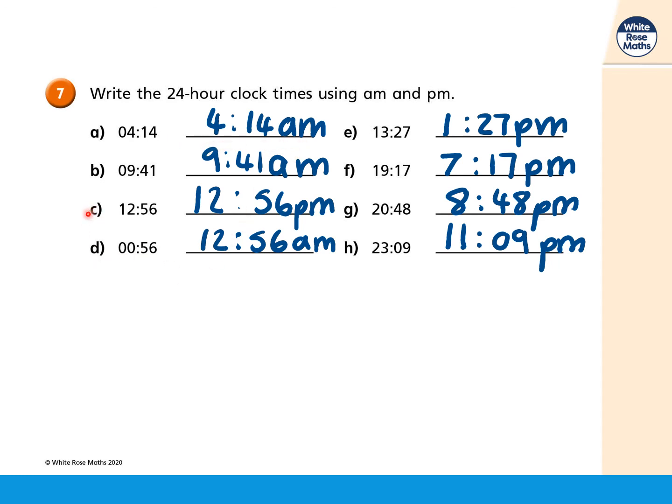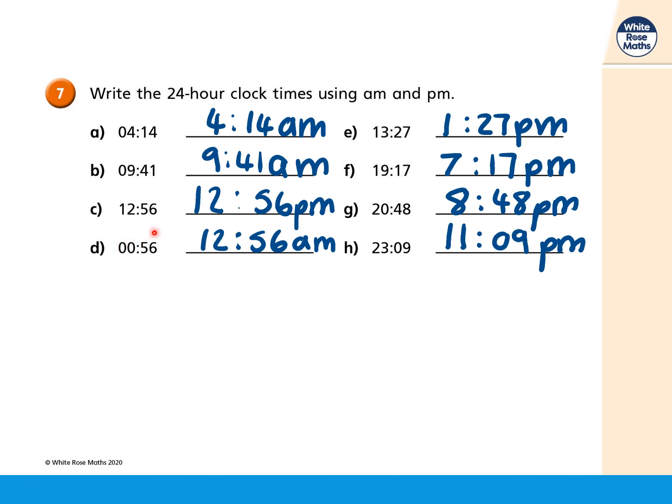Have a look at C and D. C is 12:56 and D is 00:56. 12:56 is 56 minutes past 12. And we know that 12, when it is written in the 24-hour clock, is the same as saying midday or noon.